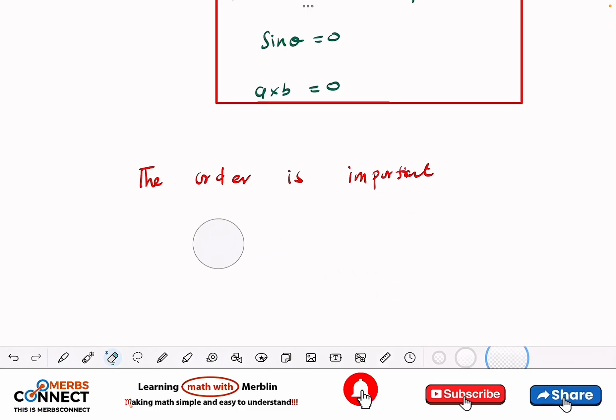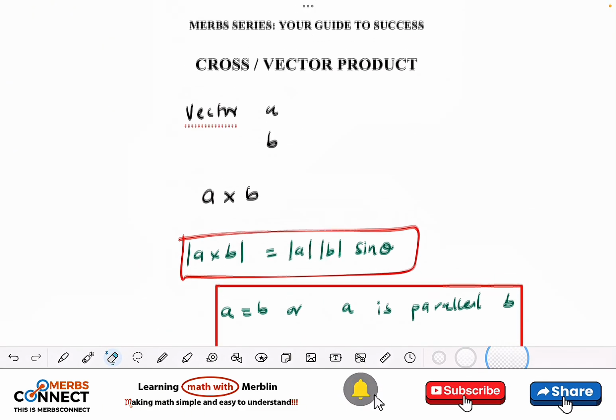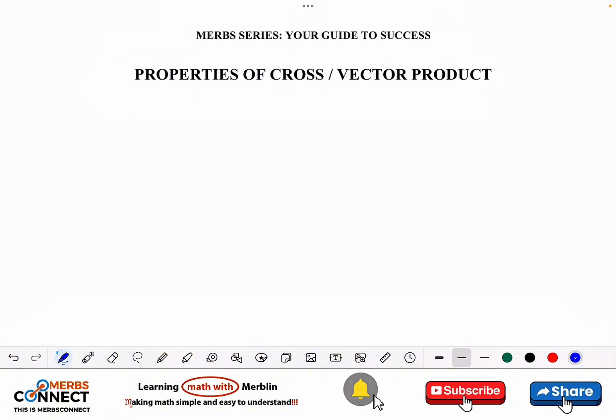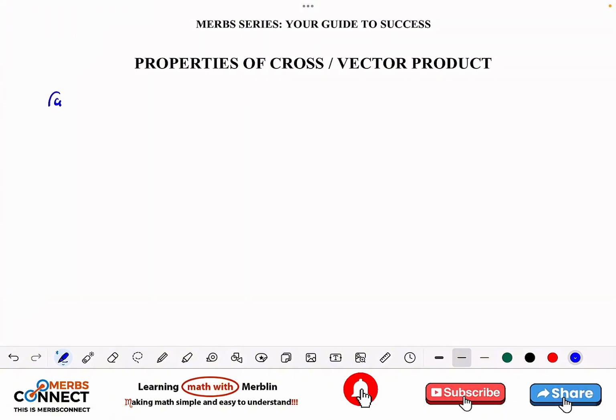So before we just dive in, let's look at some properties of cross product that are valid, and then based on that we can solve more examples. The first property, as I said, is that the order is important. A cross b is not the same as b cross a, but rather minus b cross a.